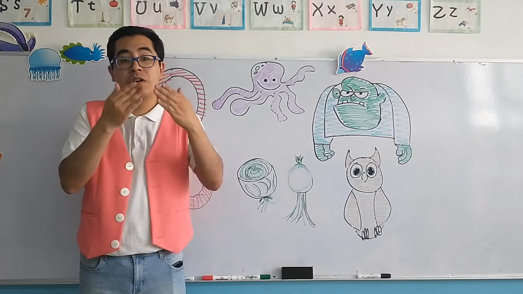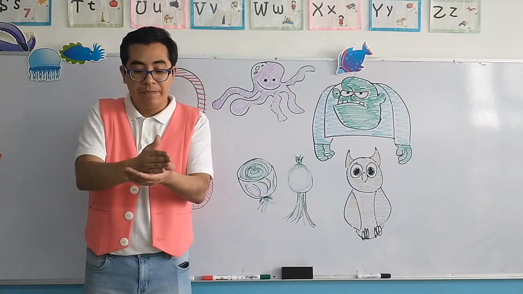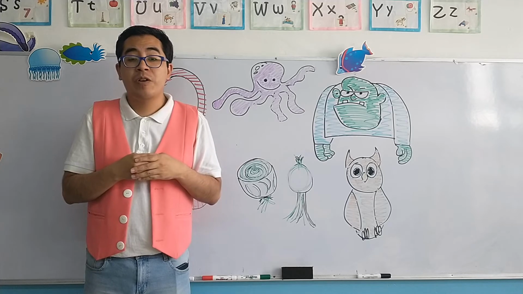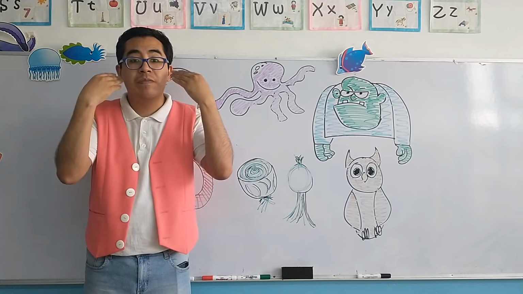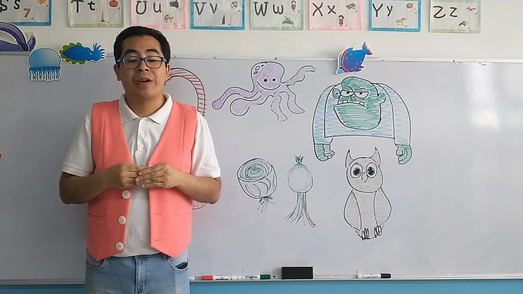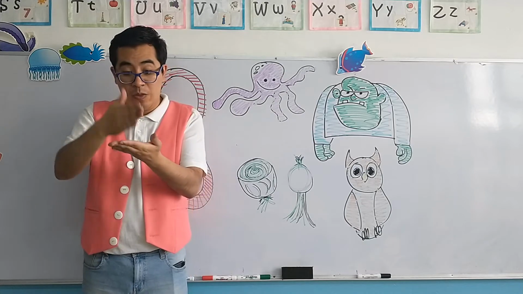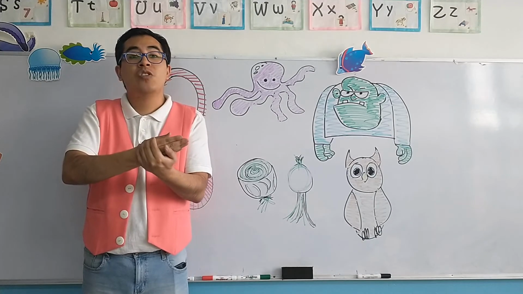Another characteristic of the onions is that when you are cutting it, you tend to cry, okay? But not cry because you hurt, because the onion transmits tears, okay? Otra característica acerca de las cebollas es que cuando las partimos, cuando las cortamos, provocan que lloremos.